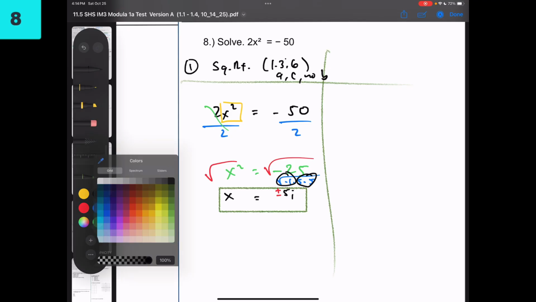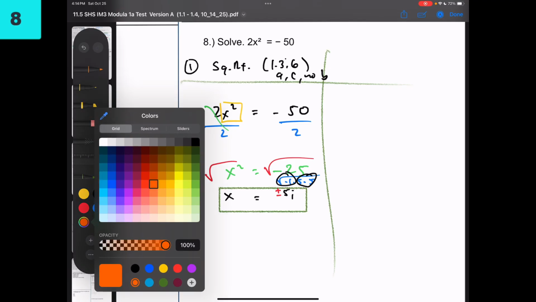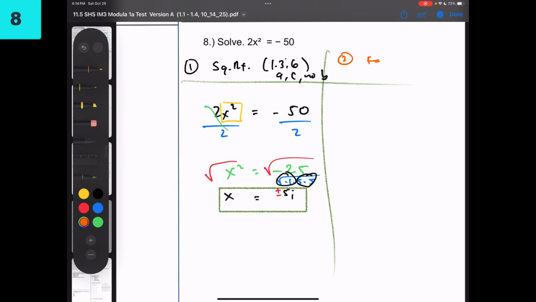Okay, there was a different method. You can factor your x box. So 2x squared equals -50. You add 50 to both sides to set it equal to 0. Do a placeholder.